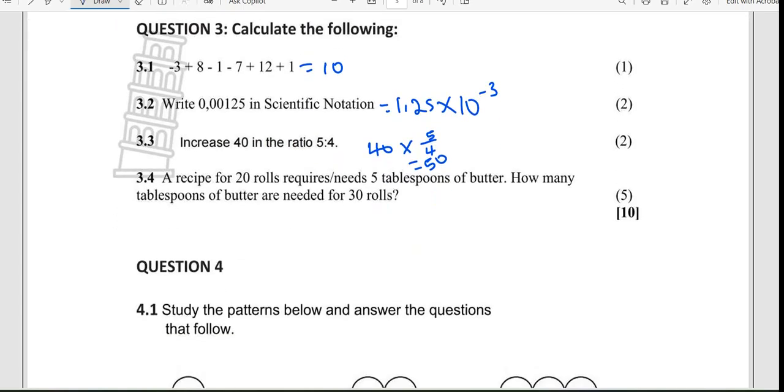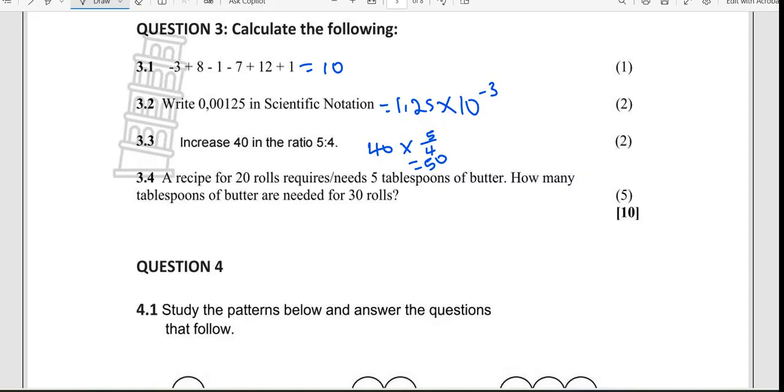3.4, a recipe for 20 rolls needs 5 tablespoons of butter. How many tablespoons of butter are needed for 30 rolls?